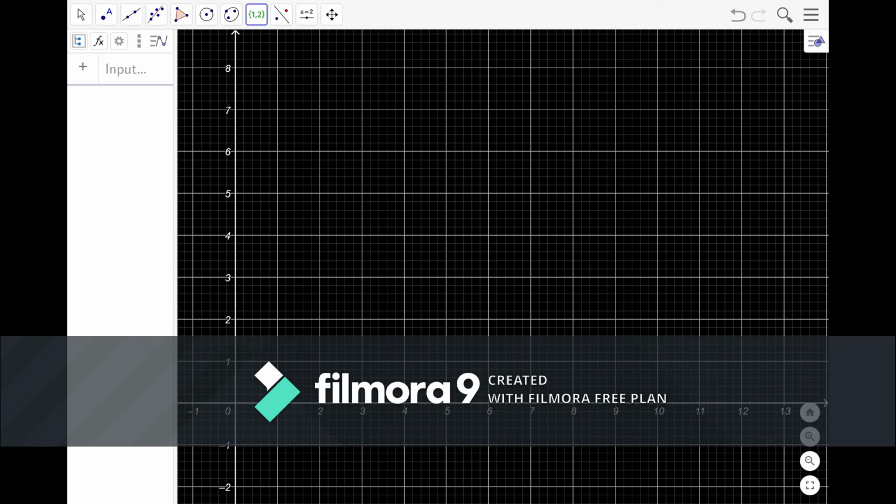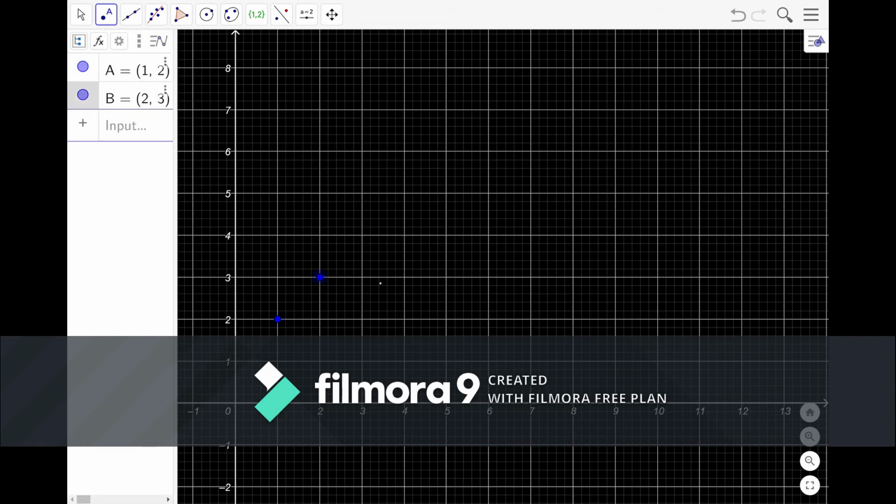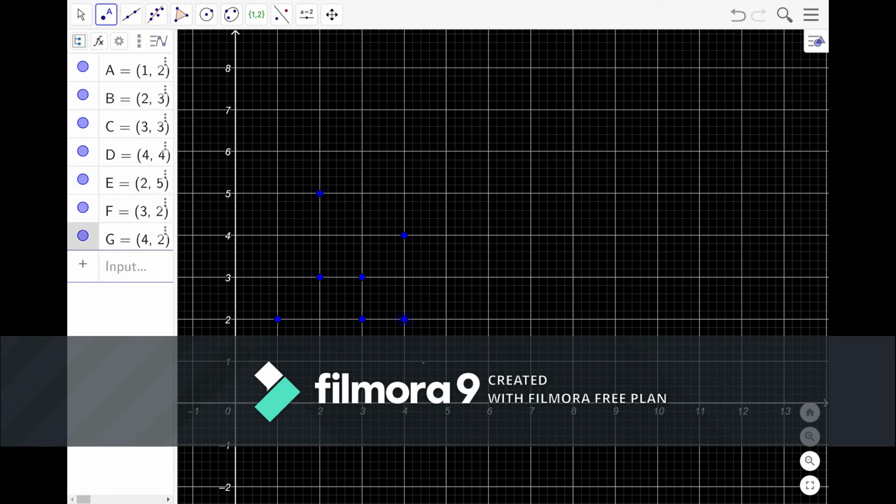Let's create a scatter plot here, and for that scatter plot, let us try to find the line of best fit. To start with, let us have some points scattered all over in this diagram to get a scatter plot. And for this scatter plot, we would like to get the line of best fit.